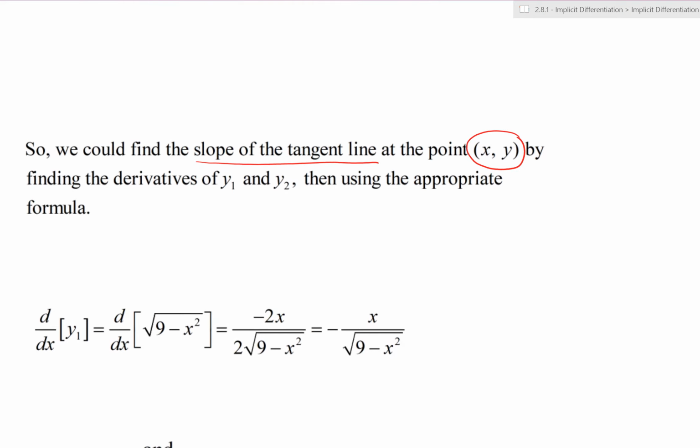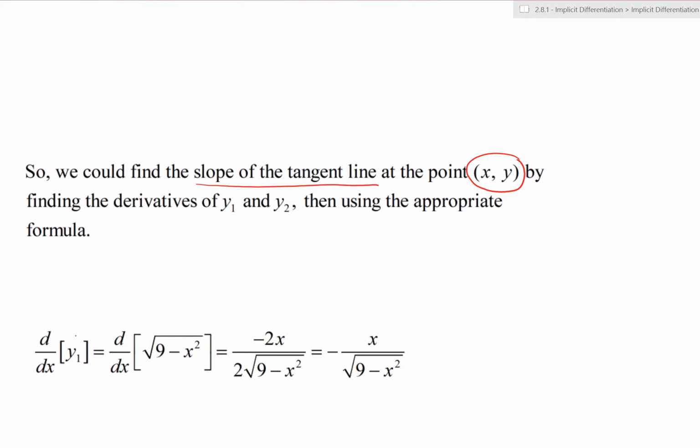So if I go ahead and differentiate y1, so y1 here is the positive root of 9 minus x squared. Now remember, a previously established result is that the derivative with respect to x of root x is equal to 1 over 2 root x. That's going all the way back to the definition of the derivative. So keep that in mind, because right here I'm differentiating this function.